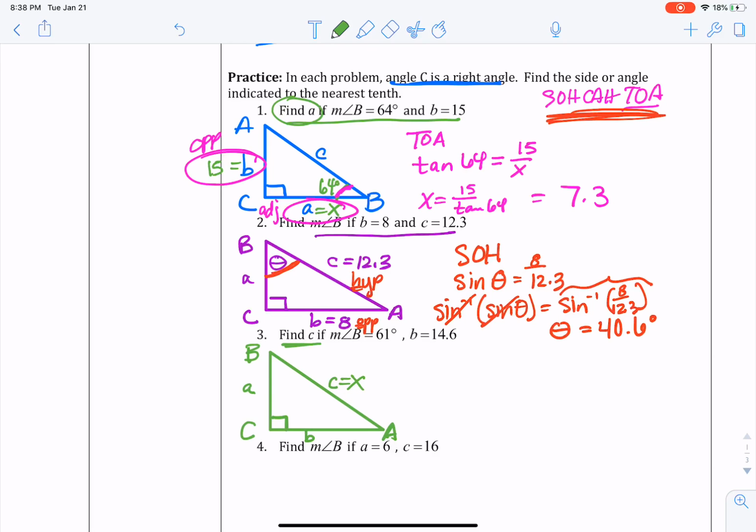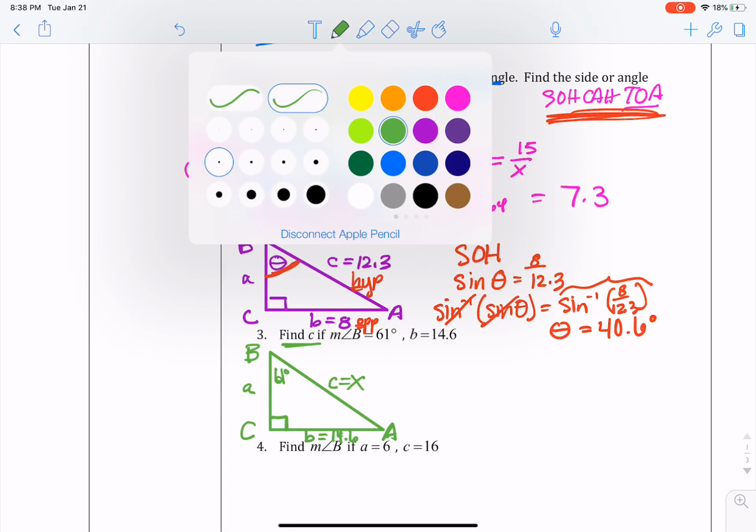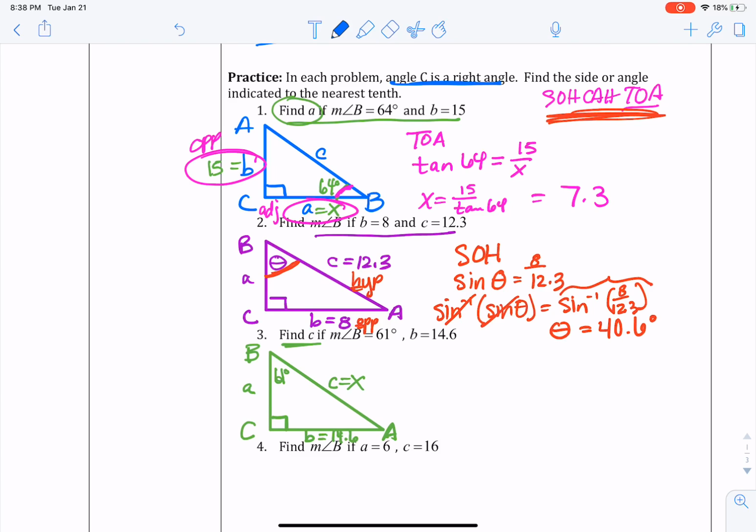So then angle B is 61 degrees, and little b, or side B, is 14.6. So then, using angle B as my reference, this is the hypotenuse, and B is opposite.